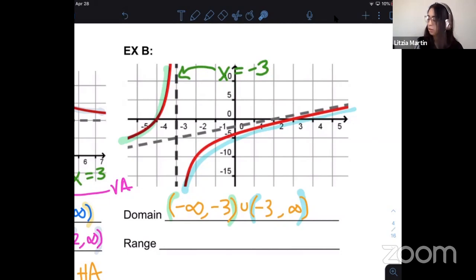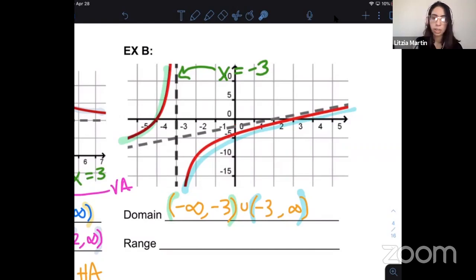I can pick y equal to 0. There are actually 2 places in this case, here and here, where that y value exists. I can pick -0.5. Let's say that's -0.5 here, right?